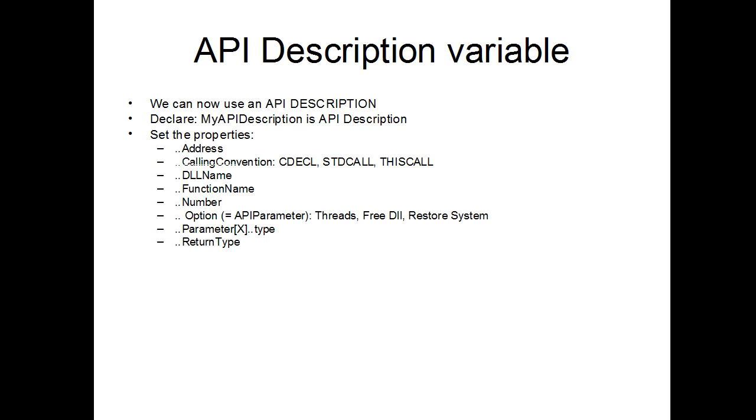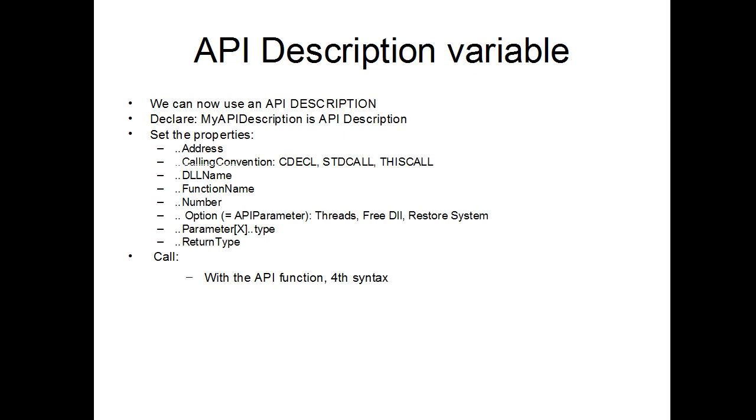Now once all that is set, you can call your API, and to do that you have 2 different choices. The first choice is to use the API function that we saw previously with its 4th syntax, in which the first parameter, instead of being a DLL name, is going to be the my API description. My API description already contains the DLL name, the function name, the address, all the things that you had before, so you don't need anything else.